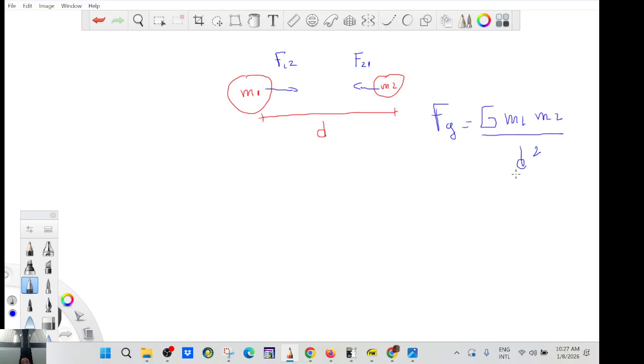If you multiply the distance by 2, the force will be divided by 4 because you have a square, inverse square law. Okay, that constant here is a way to tune gravity, which means gravity is very, very, very weak.